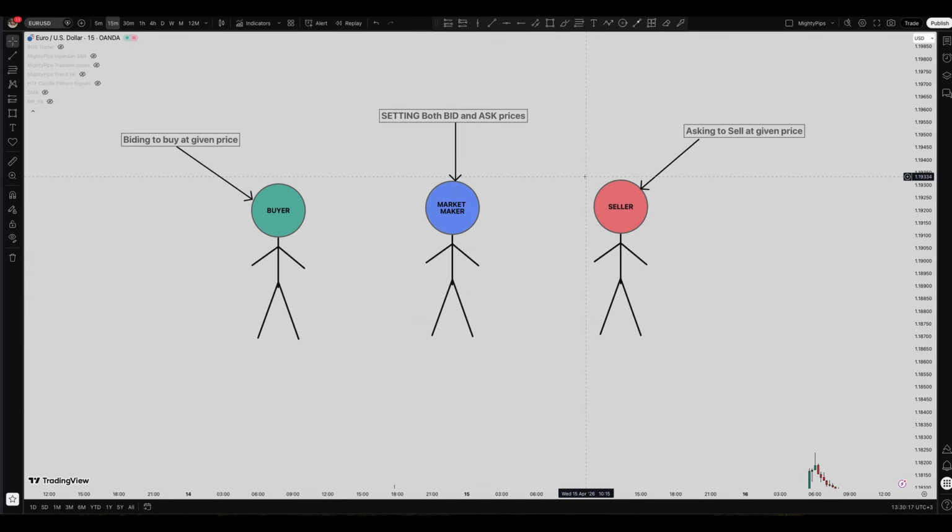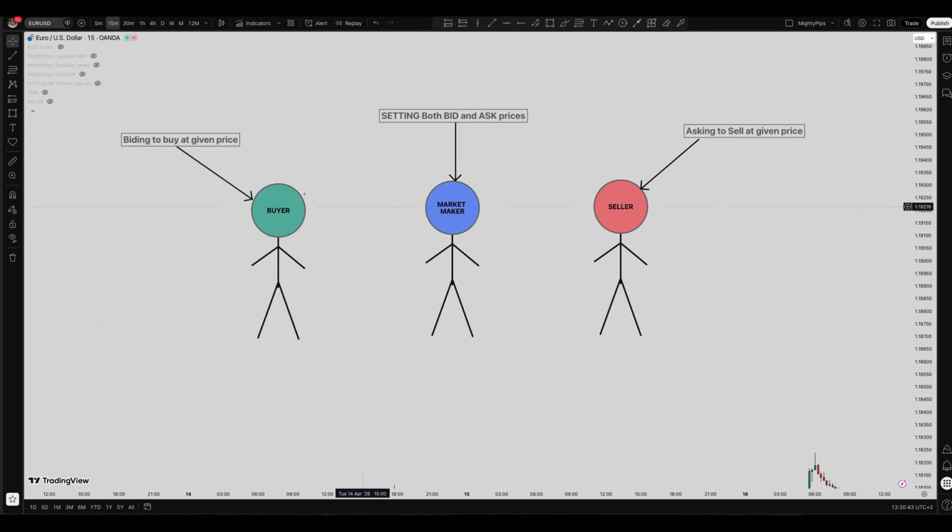Some will sell at $99, some will sell at 99.5, some will sell at even 98. So the market maker will always give the sellers a lower price than what they are actually asking to sell for. So if they are asking to sell at $100, for example, the market maker will give them a price of $99.